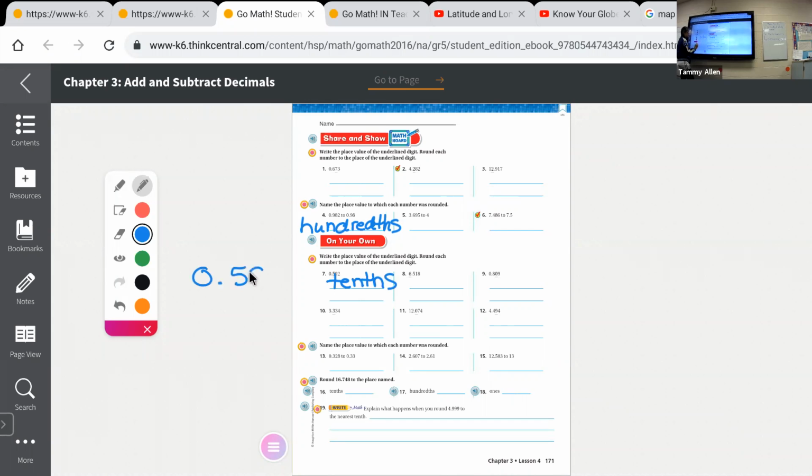If that is the place value I am rounding to, what does the 9 tell me to do to the 5? Round up. The 5 becomes a 6, and I eliminate everything to the right. So my rounded amount would be 6 tenths. Does that make sense? Do we have questions on that? Okay.